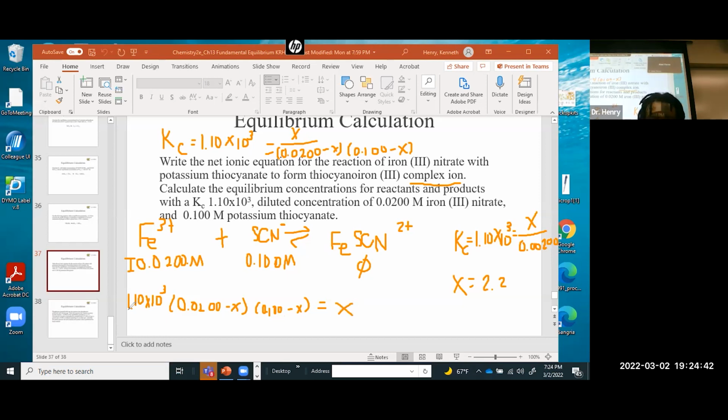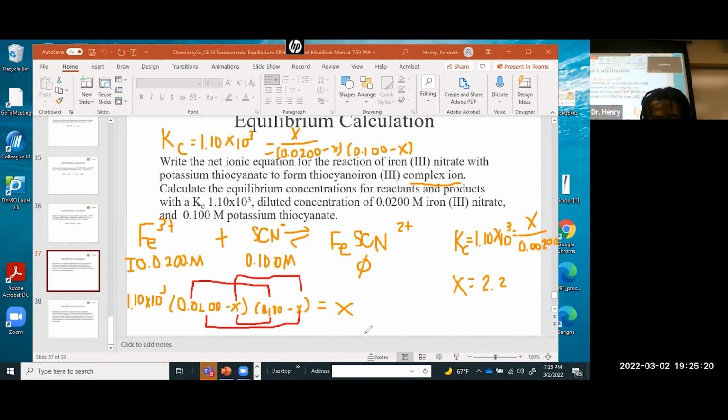Okay, so then if I do the math, distribution rule, if I remember correctly. So this guy times this guy, and this guy times this guy, and this guy times this guy, and this guy times this guy.